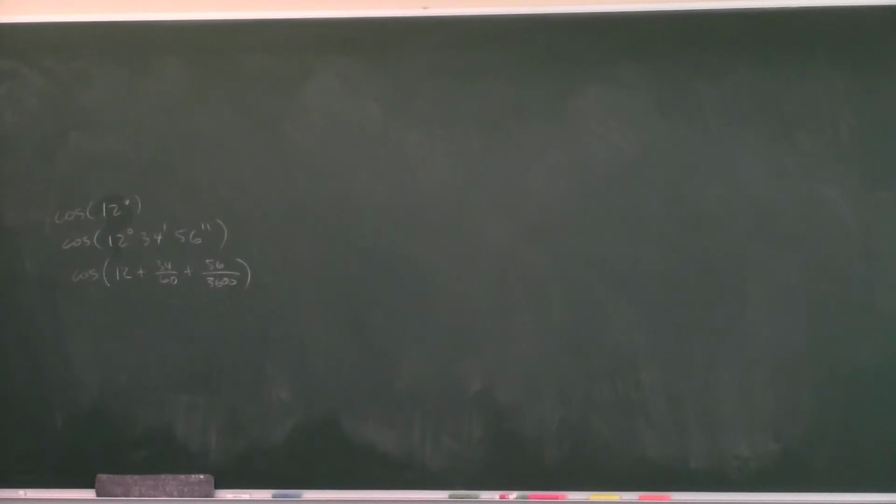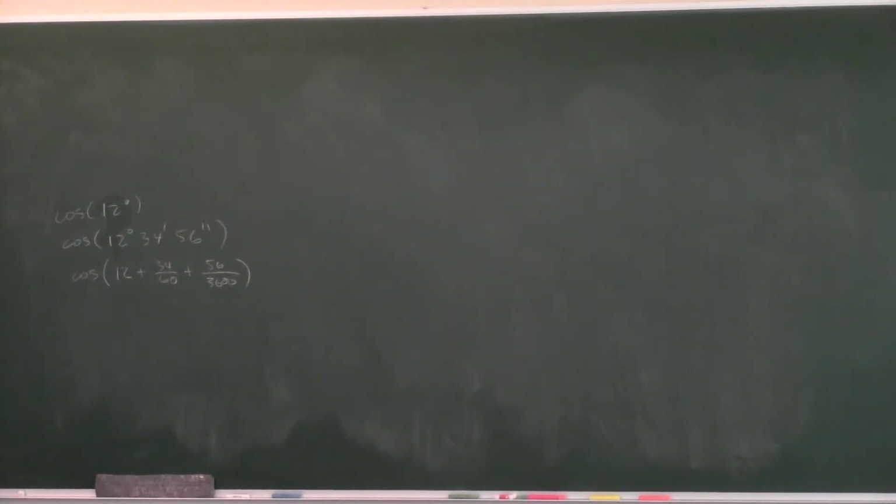Now, before we do the next one, cosine 12. Do you see the degrees, minutes, and seconds button? Right here, you see the natural log button right above that? In blue, it has degrees, minutes, and seconds. Once you punch in the degrees, you press shift and that button, and see how the degree sign comes out?